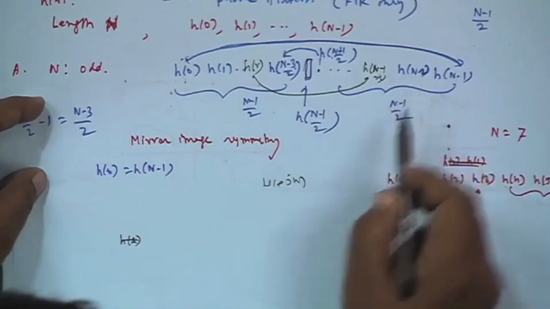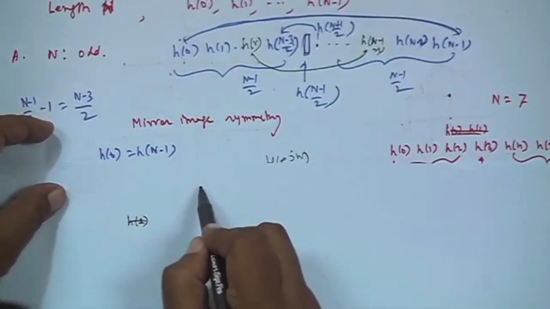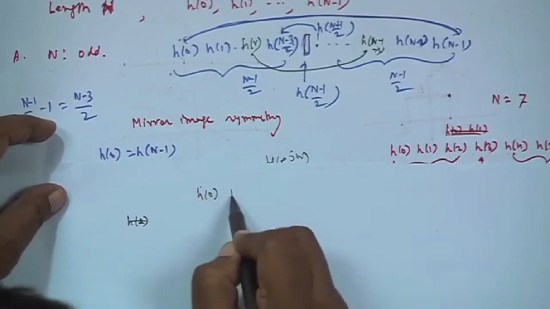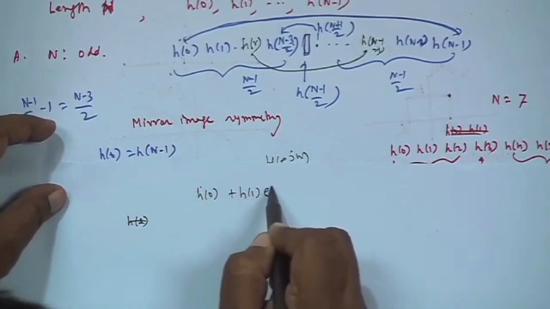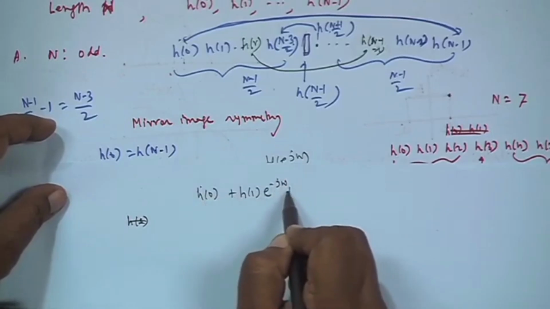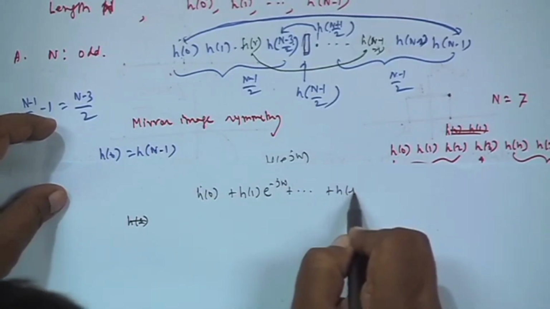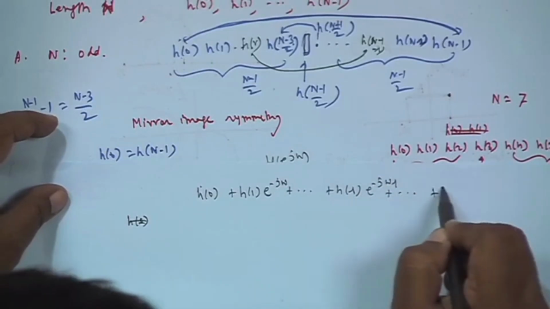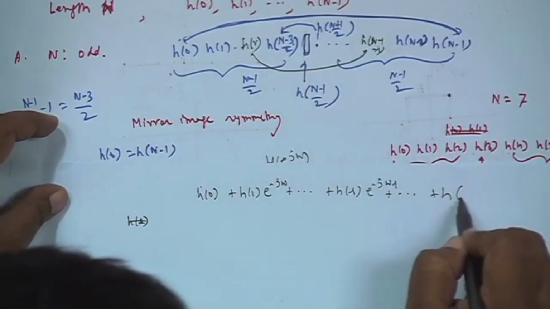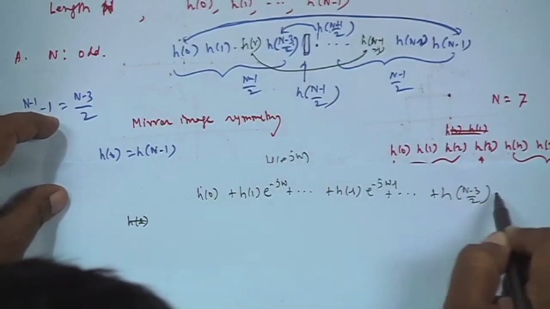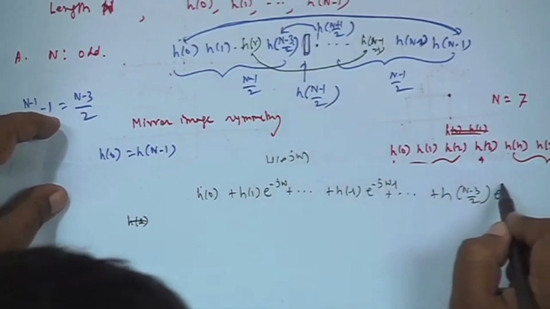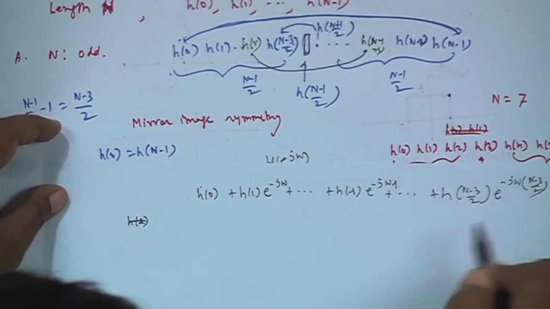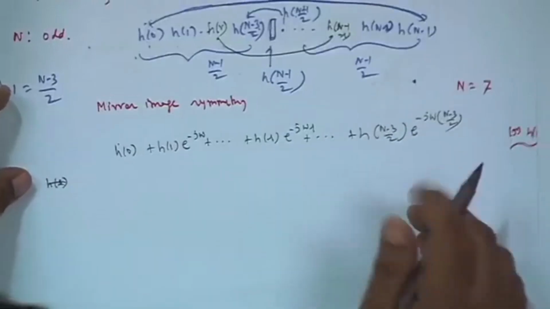So, in this total DTFT summation, you have h 0 plus h 1 e to the power minus j omega, dot dot dot, h r e to the power minus j omega r, plus dot dot dot, plus h of this term, e to the power minus j omega times n minus 3 by 2, up to this.